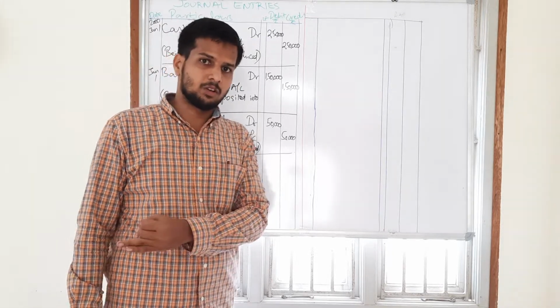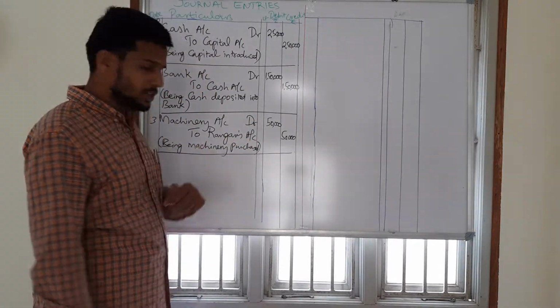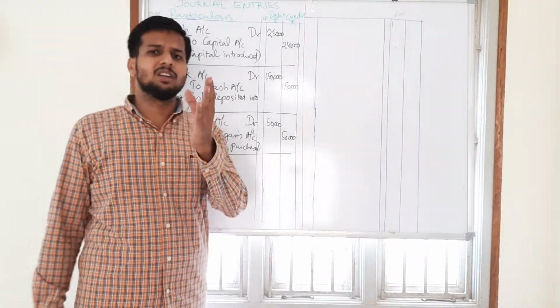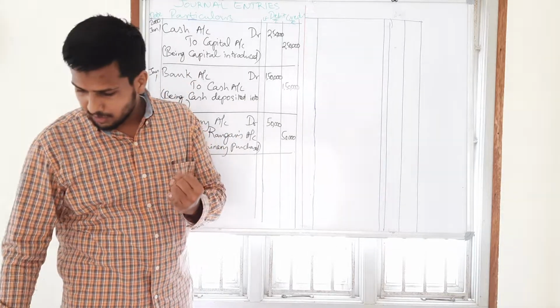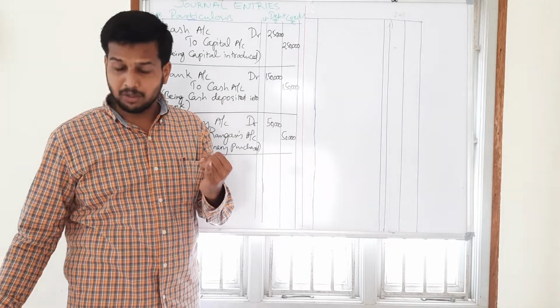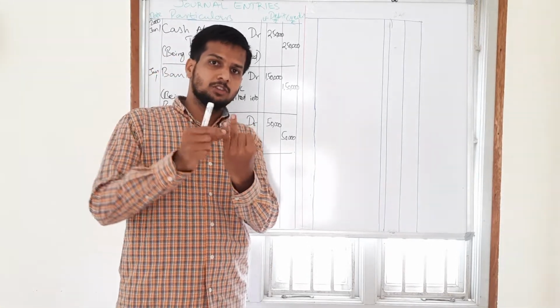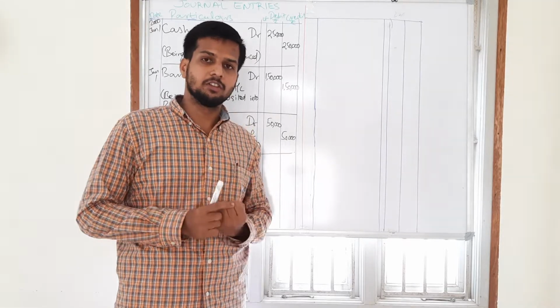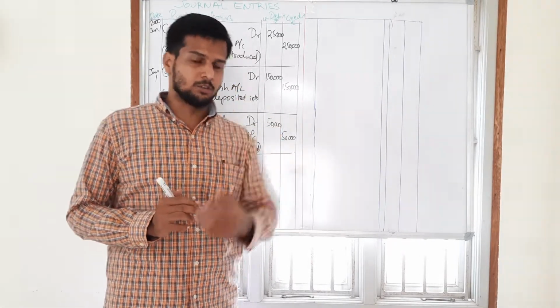So here the mode of the transaction is cash transaction. We need to take only the two accounts. Bought furniture from Ramesh for cash means the furniture and cash, these two accounts are affected in this transaction.